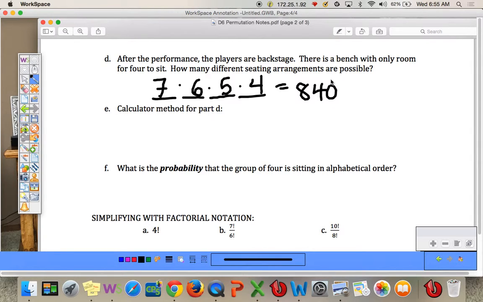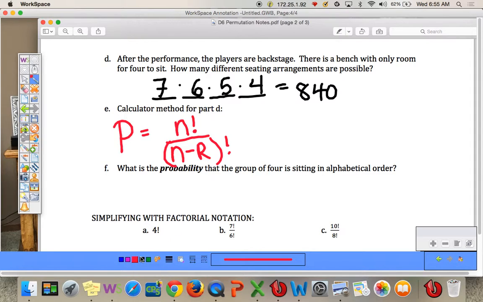But there's another way to do this, and it's using the permutation button. So a permutation, here's the actual formula for it. It is n factorial, over n minus r factorial.